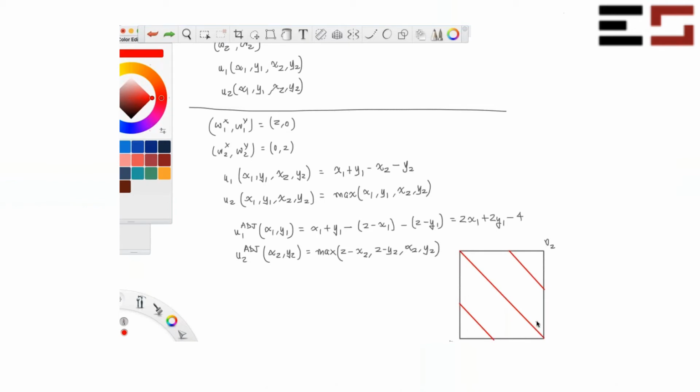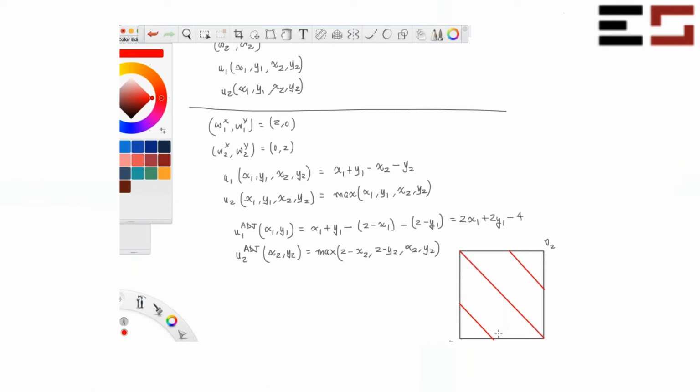So yes, you are right that these points are on the indifference curve. Are there other points? When x1 is 0, definitely x2 is 2, so the utility will be 2. When y1 is 0, y2 will be 2, so the utility will be 2. When x2 is 0, x1 will be 2, so the utility is 2. When y2 is 0, y1 is 2, so the utility is 2. So basically it gives you all 4 boundaries of the box.